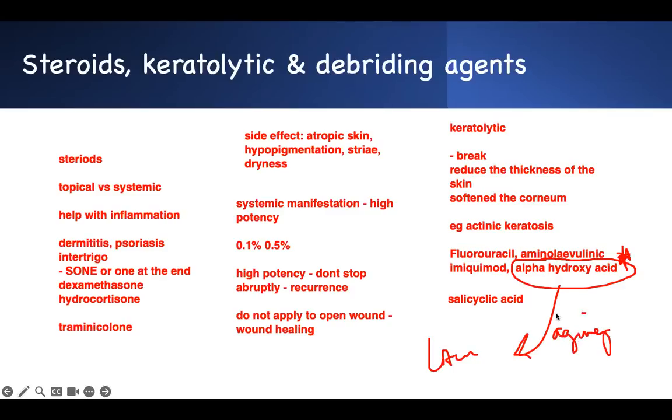Most aging medication women use to keep their skin fresh and look young, all of them have alpha hydroxy acid. So if you see a question about a skin product to prevent aging, all of them have alpha hydroxy acid. Okay, so these are the keratolytic agents, and the last one is debriding.